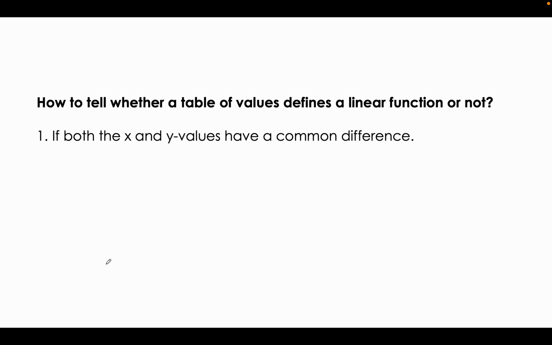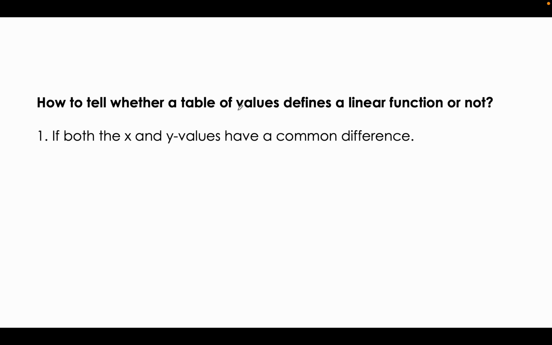Okay. The next one, so we are done on how to tell whether a given rule defines a linear function or not. Okay? But what if the given is a table of values? So how to tell whether a table of values defines a linear function or not?